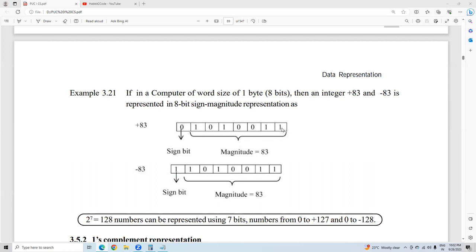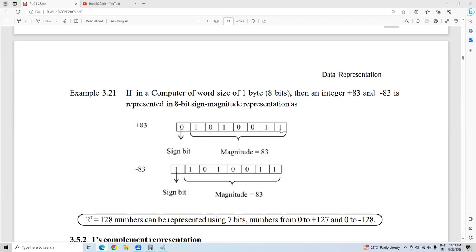They want to show you how both positive and negative numbers are represented. In these 8 boxes, the first bit is reserved for the sign, which is why they have shown the sign bit with an arrow mark. The remaining 7 bits are used for representing your value in binary format.